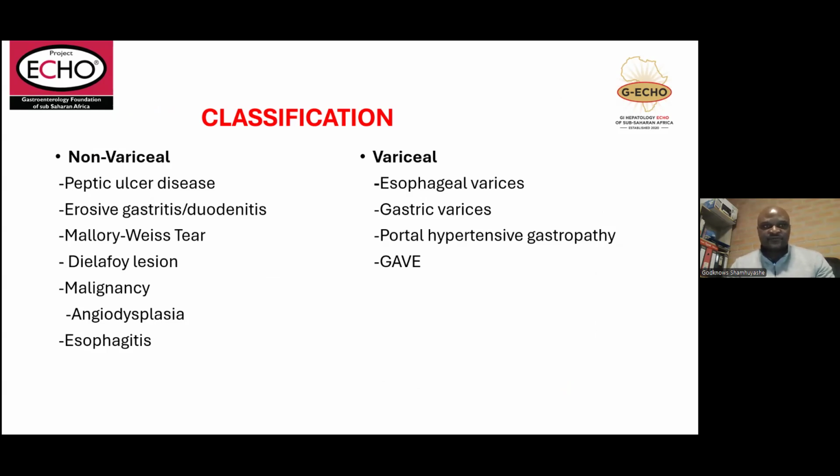With non-variceal, you have peptic ulcer disease and also erosive gastritis, Mallory-Weiss tears, Dieulafoy lesions, malignancy, angiodysplasia. With variceal bleeding, you have your esophageal varices, gastric varices, and also portal hypertensive gastropathy and GERD.